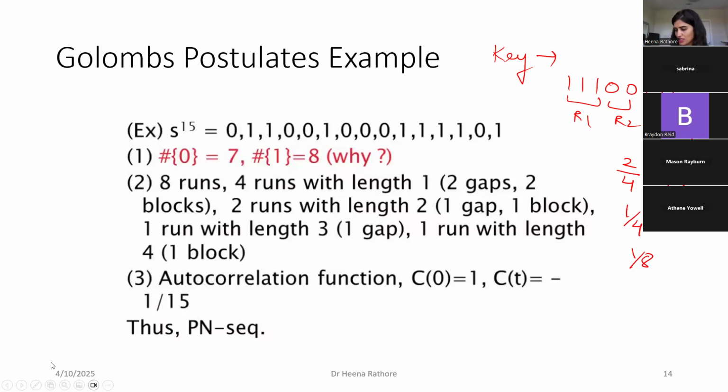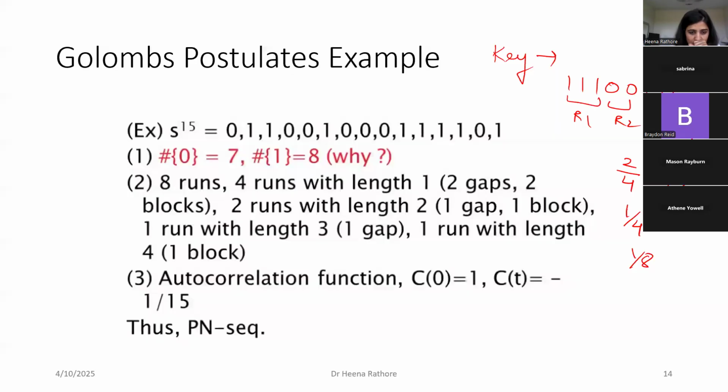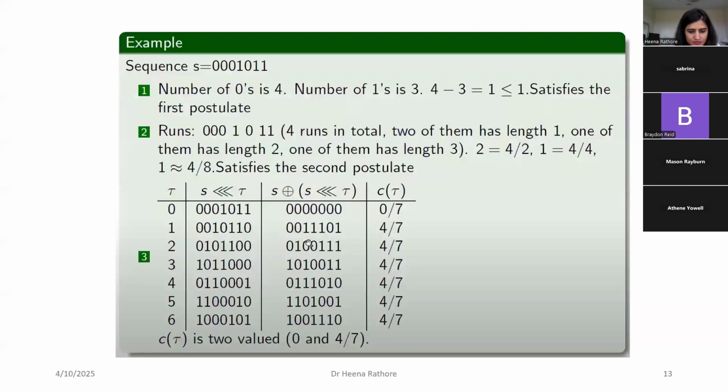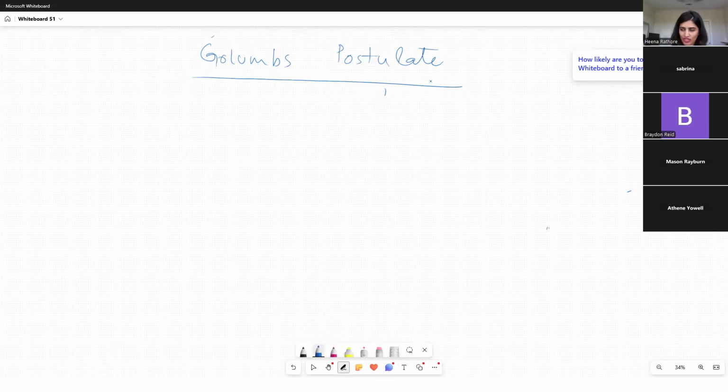So let me show that. The autocorrelation function says, let us suppose your initial key that you generated is 0, 0, 0, 1, 0, 1, 0. Or let's pick the same example, 1110010.